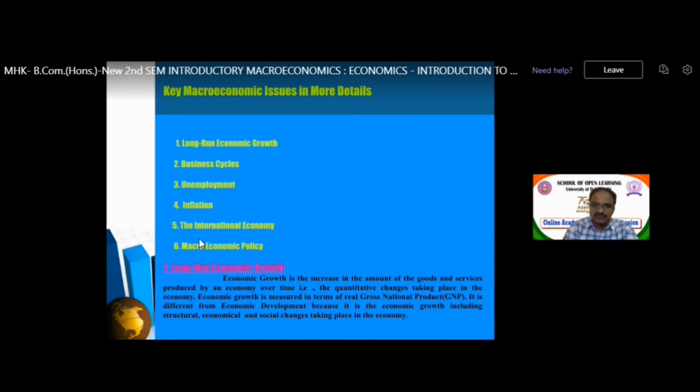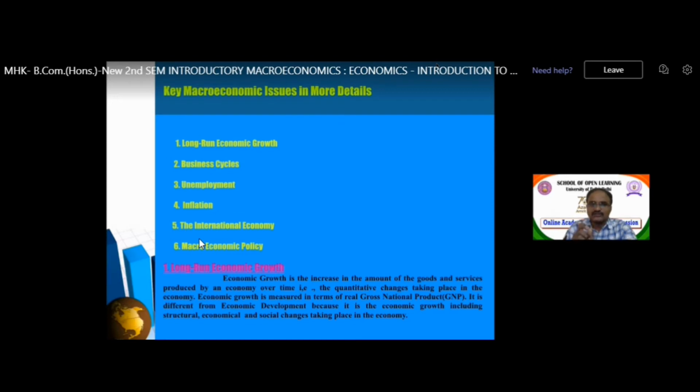Some countries are developed countries, some are underdeveloped countries, which we are talking about, as we sometimes observe in newspapers. If a country has a high level of long run economic growth in terms of overall development, you can call it a developed country. Countries with very low economic growth rates, where growth has not increased much over a period of time and there are fluctuations, you can call those economic development countries.